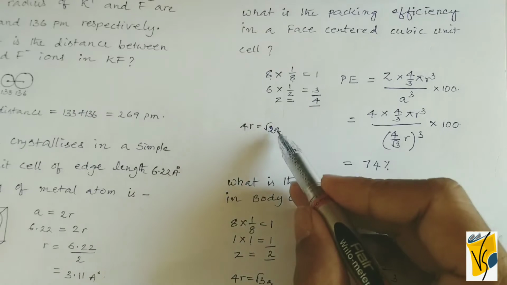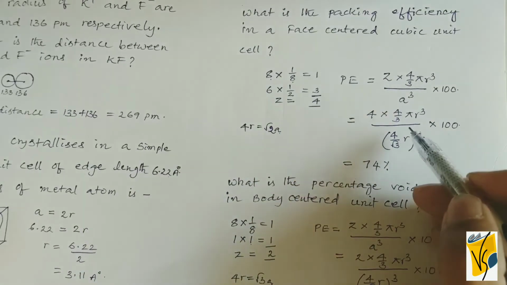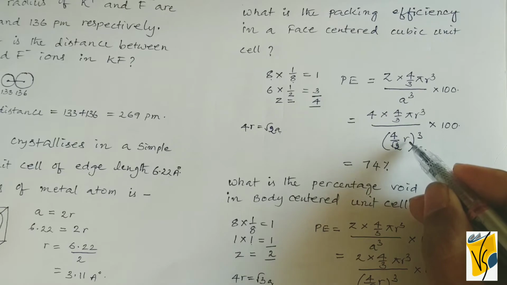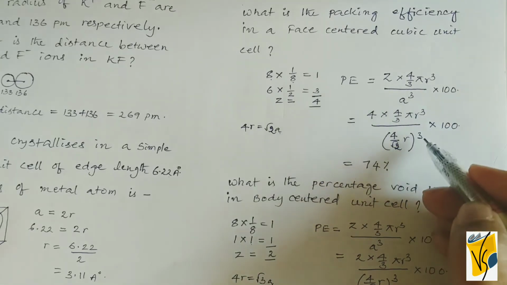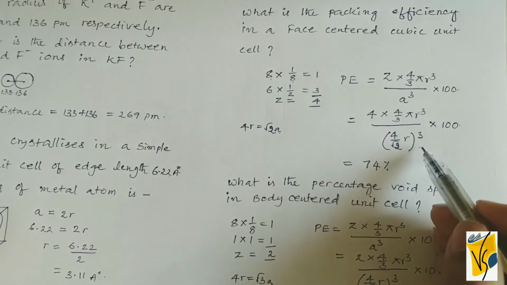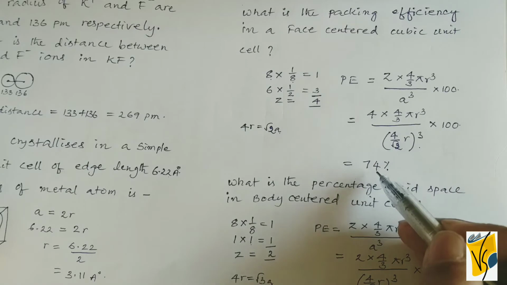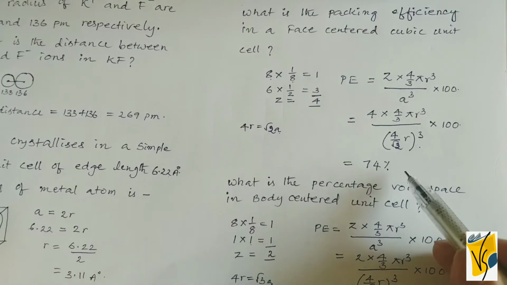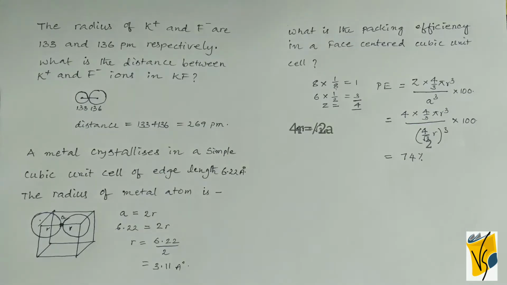Okay, so edge length 4 by root 2 into r whole cube, right, that gives volume into 100. If you simplify and calculate, you will get packing efficiency as 74%. That is the packing efficiency of face centered cubic.